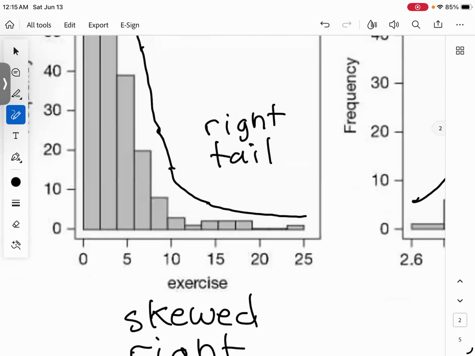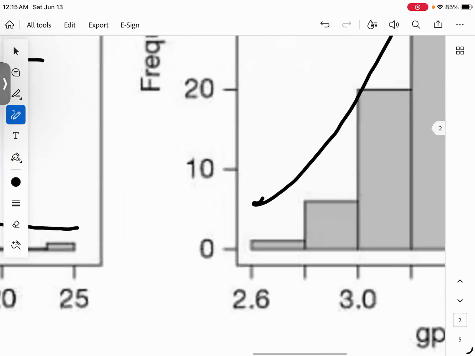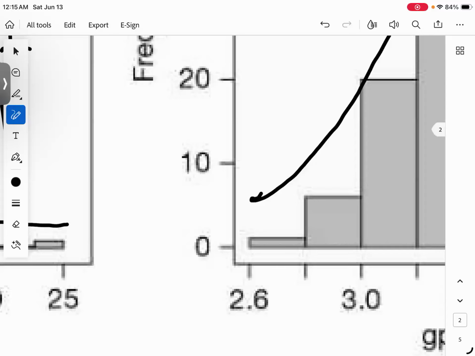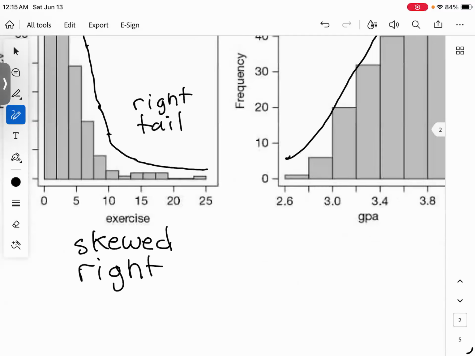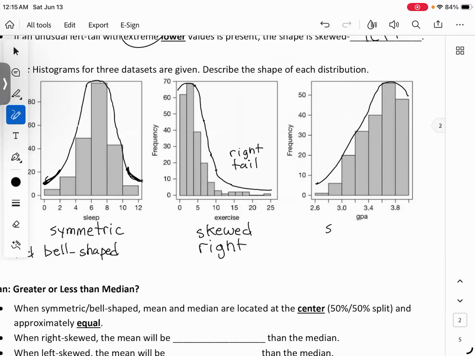Not a lot of people were saying they had like 20, 25 hours. That's rare. But these are also called the extremes. These are the extreme low GPAs, but thankfully rare, not as many. So you've got skewed right, and you've got skewed left because it's got this left tail.